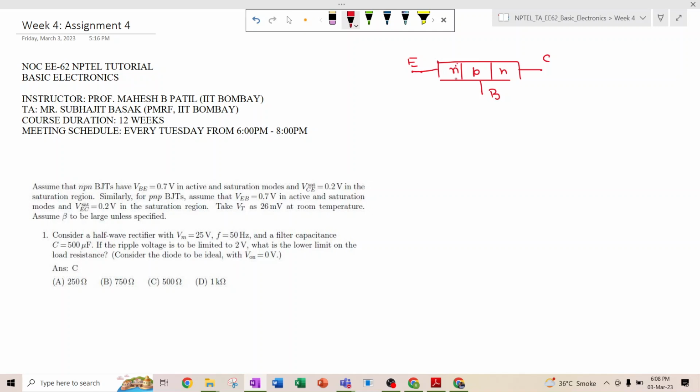Here it is one PN junction, and here it has also another PN junction. So this BJT refers to bipolar junction transistor. Okay.